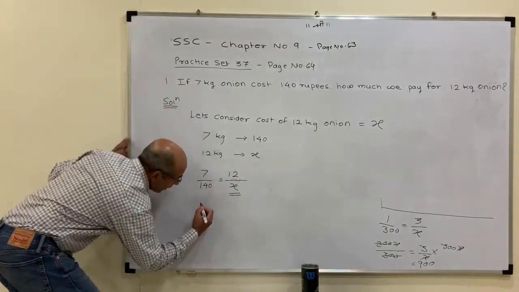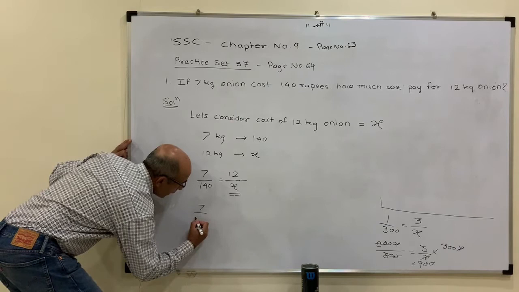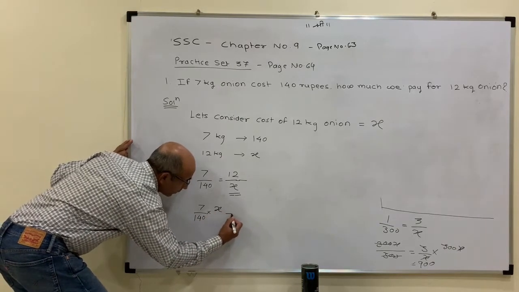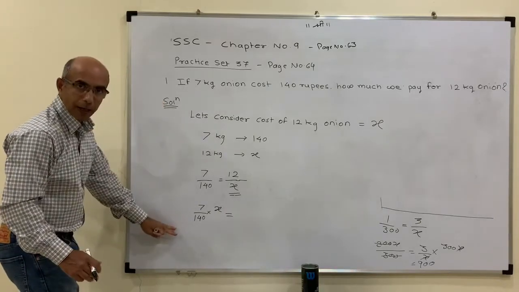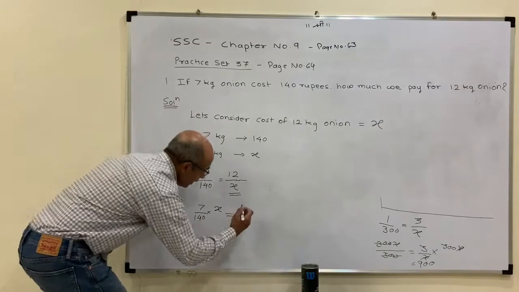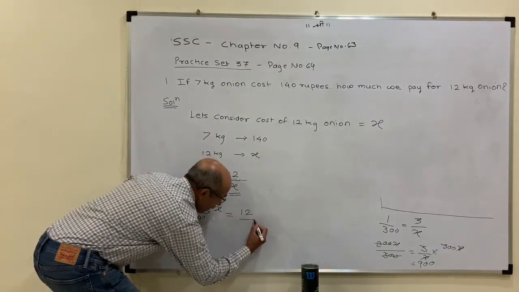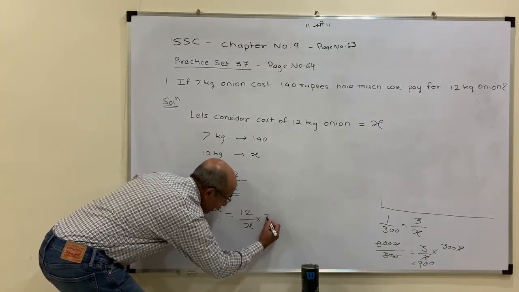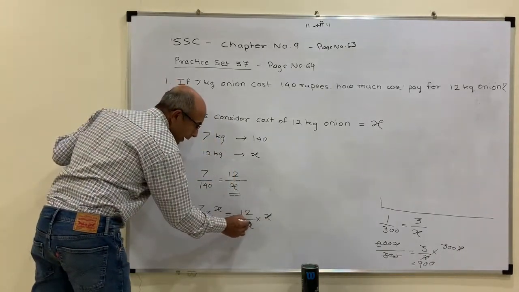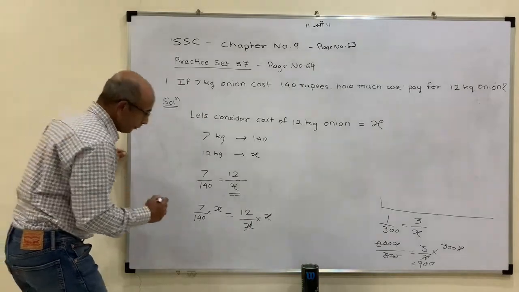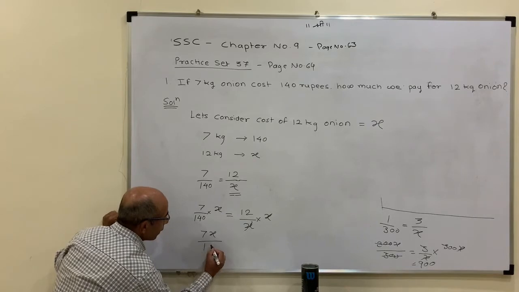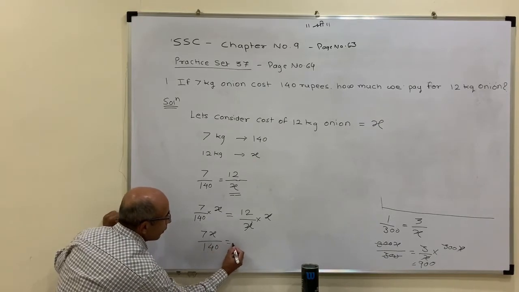Since I multiply here 7 divided by 140 into x, and since I am multiplying by x on the left hand side, to maintain the equality, 12 divided by x into x. So now this x is gone. My next step will be 7x divided by 140 equals 12.